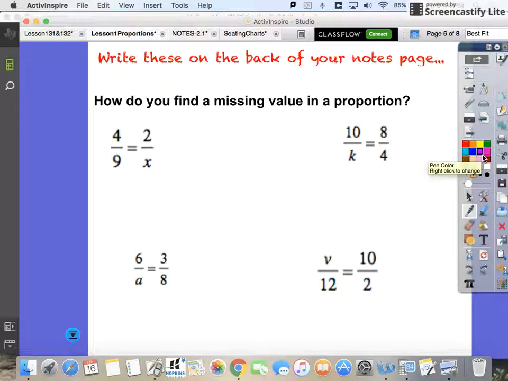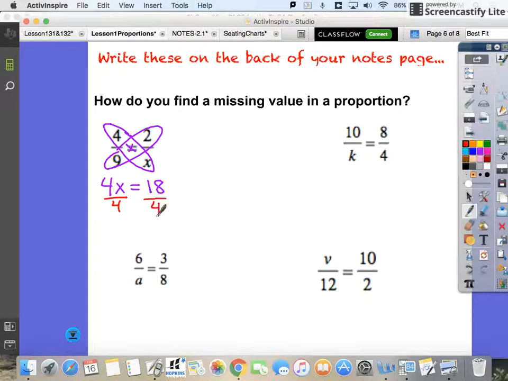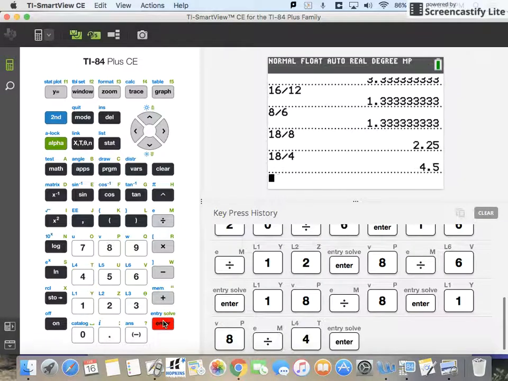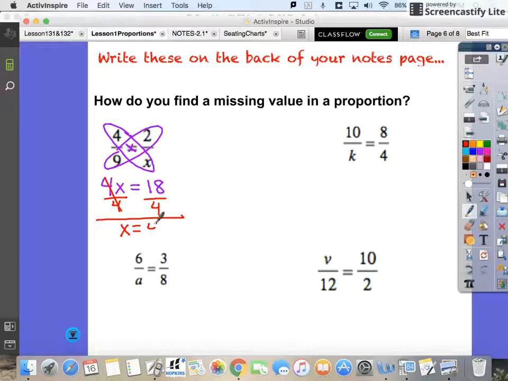All right, so what we know about proportions is when you cross multiply, they're equal. So 4 times x is 4x, and 9 times 2 is 18. Now to solve for x, which is the reason proportions exist, we need to divide by 4 on both sides, and we get x equals 18 divided by 4, which is 4.5.